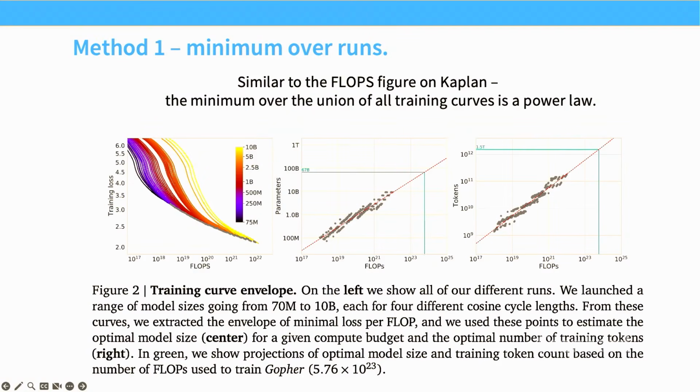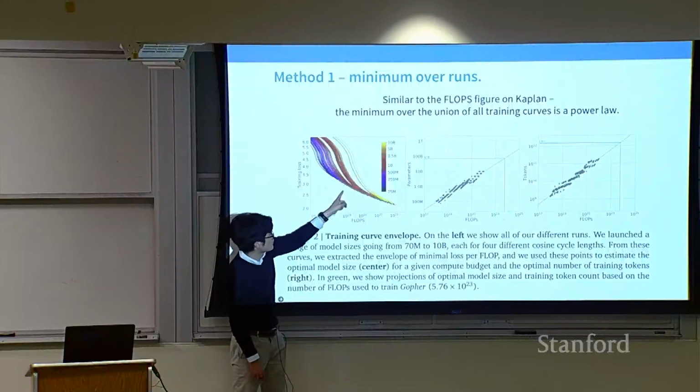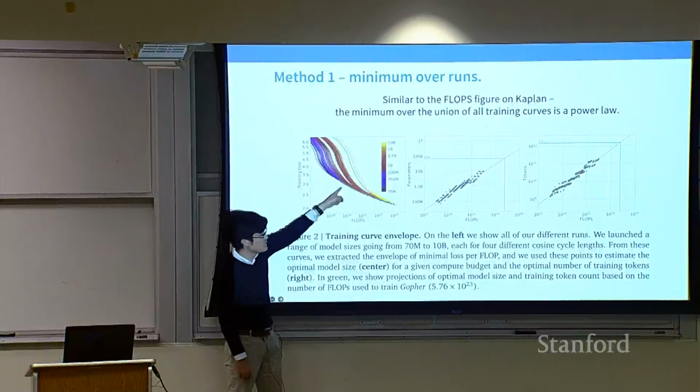Method number 1 from Chinchilla is what I might call the lower envelope method. And this is the method that was also being used partially by Kaplan to try to figure out what the right scaling was. So what you do is you take all of your training runs. Each one of these colored lines is a training curve, right? And what you want to do is take the lower envelope of these training curves. Because a lower envelope point on a training curve means that for a particular flop, this is the best loss that I ever achieved for that flop on any training run, right?